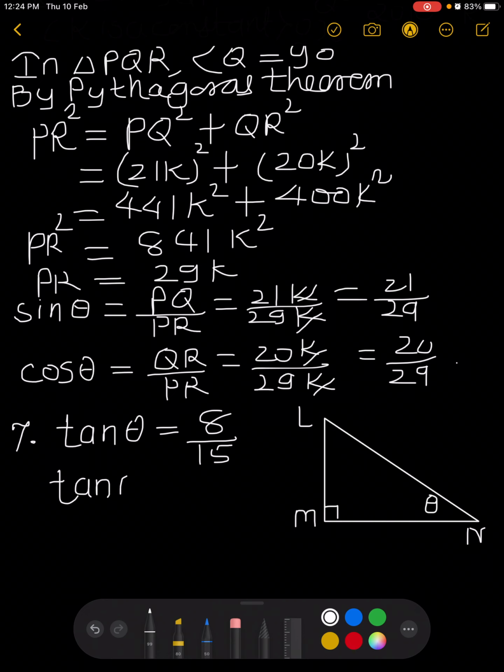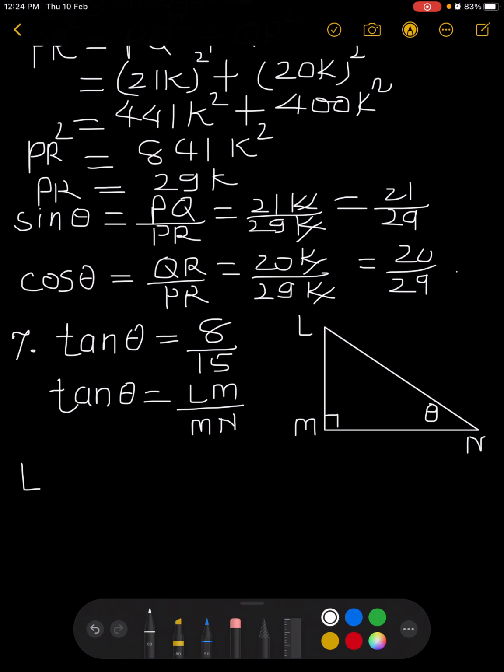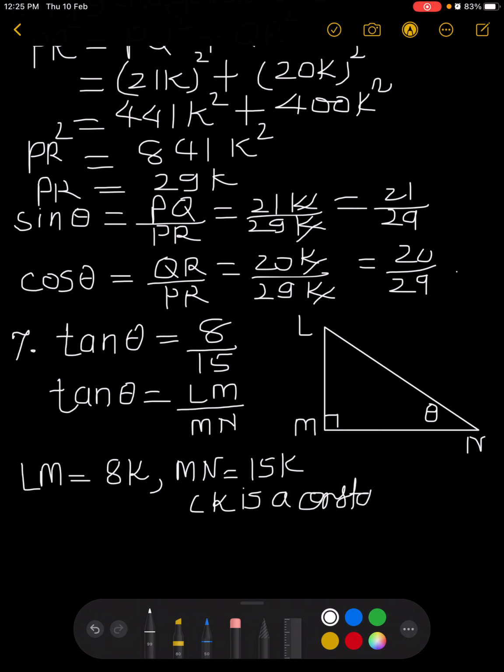The definition of tan means writing the opposite side of theta LM and the neighbor side MN as a ratio. Now we write LM as 8K, MN as 15K, where K is a constant multiple greater than 0.